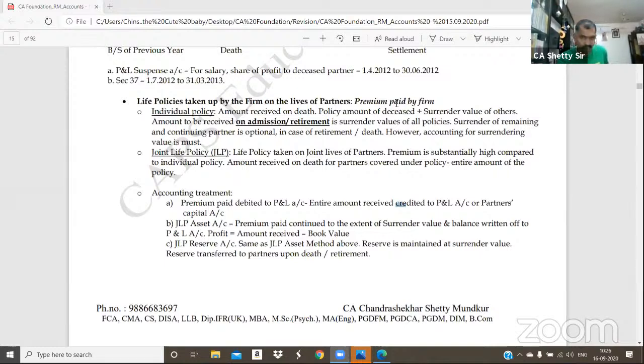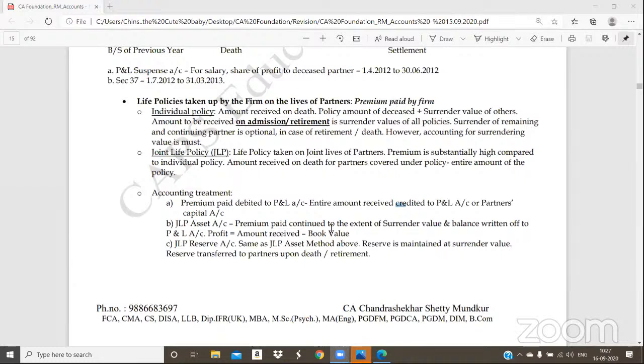Then to capital accounts, in their PSR, say 3:2:1. Understood? Yes, sir. Next point.